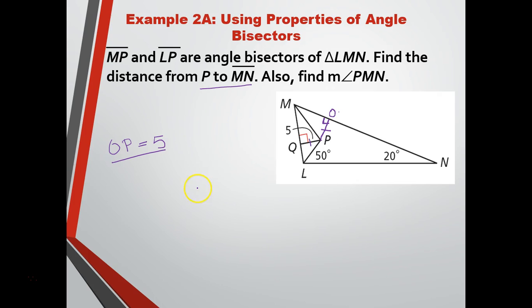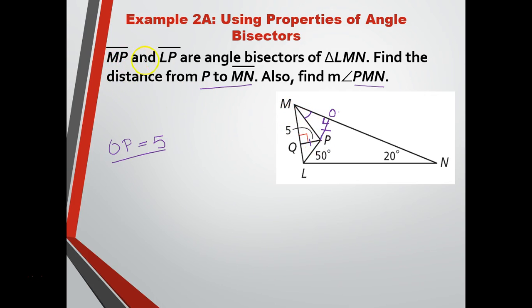All right, now let's look at finding the measure of PMN. PMN, this angle right here, is what we're looking for. LP is an angle bisector, and so is MP.